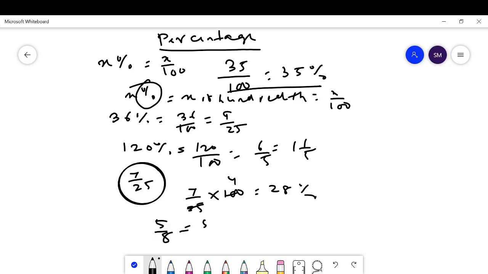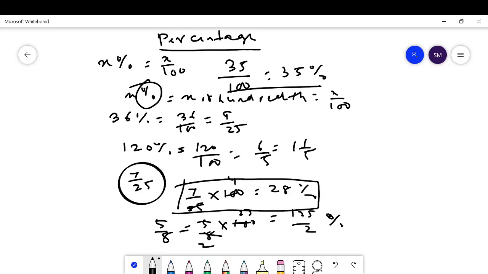Then 5 upon 8 into 100 is 125 upon 2 percent. When we convert any fraction to percentage, simply multiply with 100, and when a percentage has to be represented in fractional form, percentage means denominator 100.